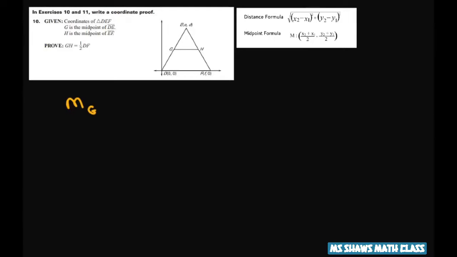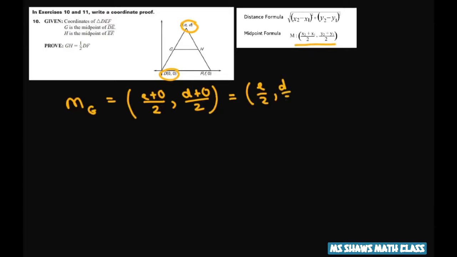of G. So I'm going to use my midpoint formula and use these 2 points to find the midpoint. So my X is going to be E plus 0 divided by 2, and my Y is going to be D plus 0 divided by 2. So this is going to be E divided by 2, comma, D divided by 2.